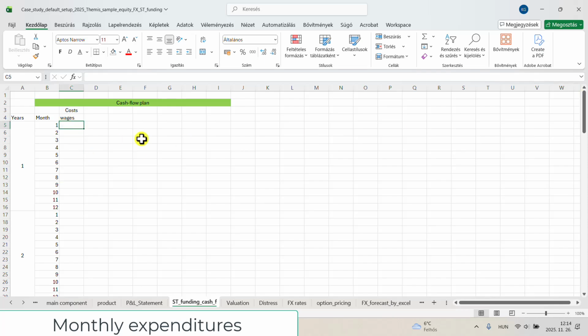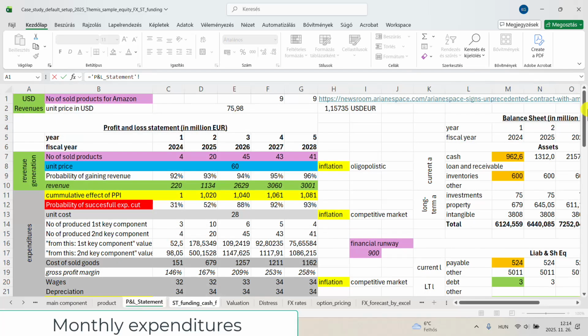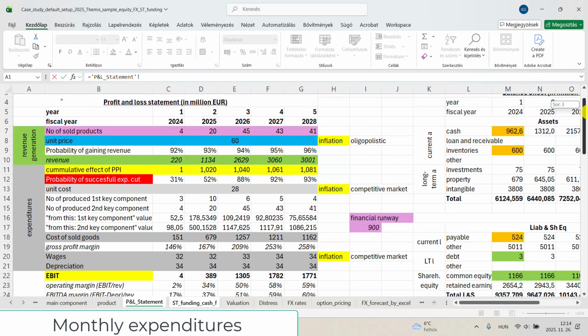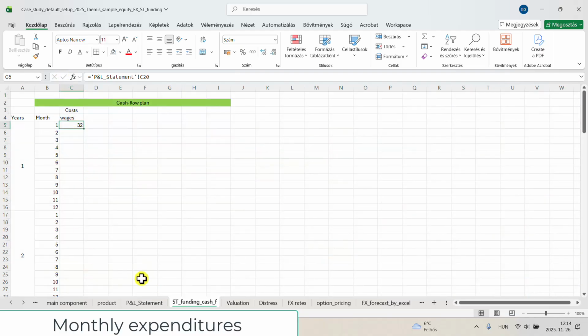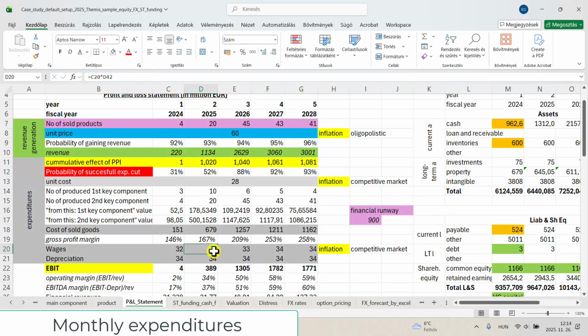Then we have the wages, and for the wages we have the data from the profit and loss statement here. And also we know that this is annual wage cost, so we have to divide it, but also we have other factors here because we are adjusting wages by inflation and nothing more.